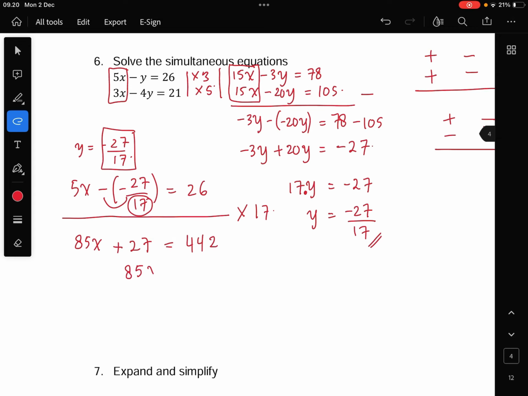So 85x equals 442 minus 27. It is going to be 415 equals 85x. So x is equal to 415 divided by 85. Okay, we can simplify it. So divide them by 5.